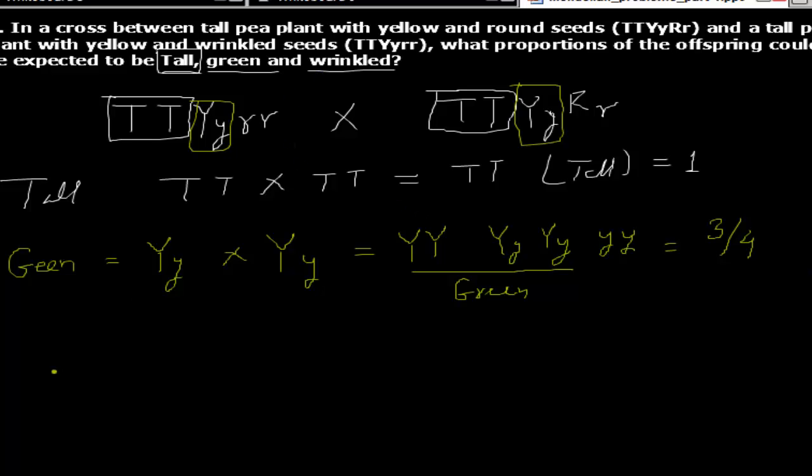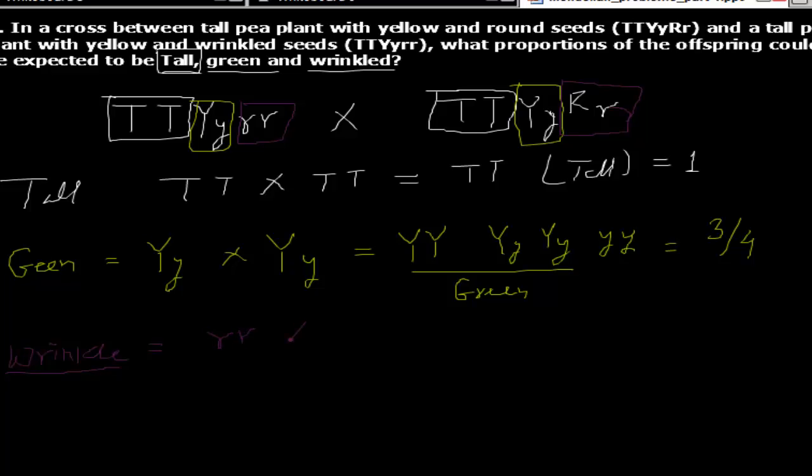Now in the next we have to find out the wrinkle one. Now this is the wrinkle one. This is the cross we have to consider for the wrinkle one. So for wrinkle, mind it, here we are only considering the phenotypes.